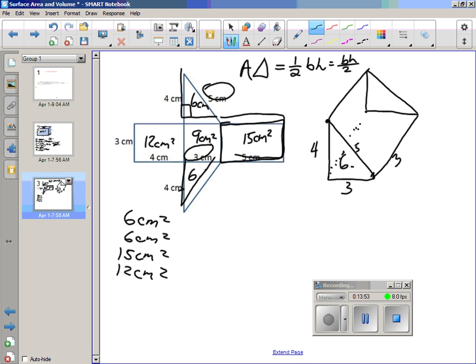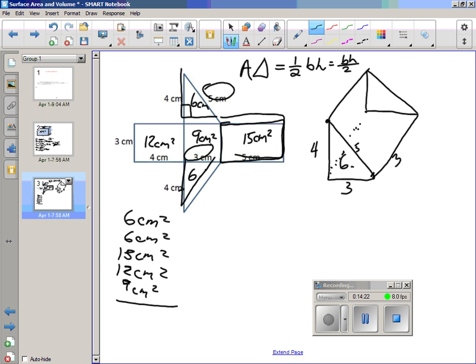Okay, everybody with me? Now, what do we have to do with all 5 of these faces? Since we have the areas, add them all together. Now addition's commutative, right? So does it matter which order I go? No, so I'm going to go with 11 here. 9 and 2 is 11.